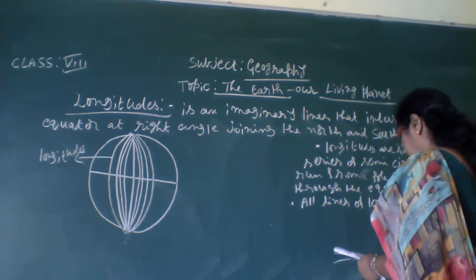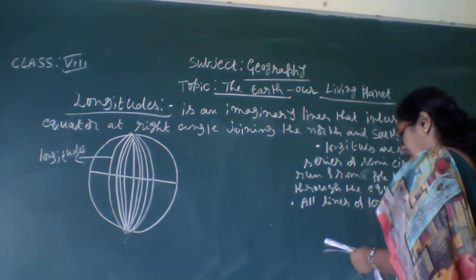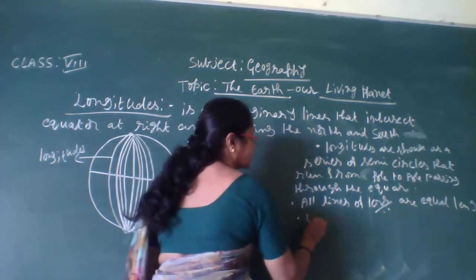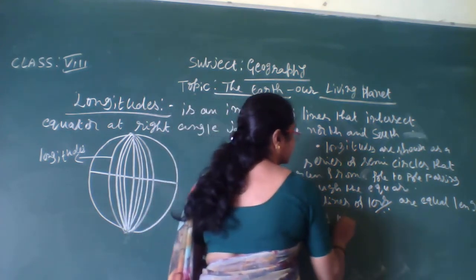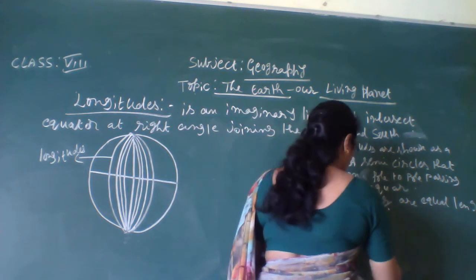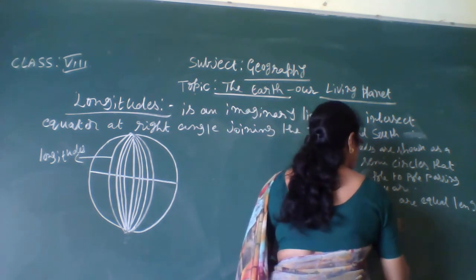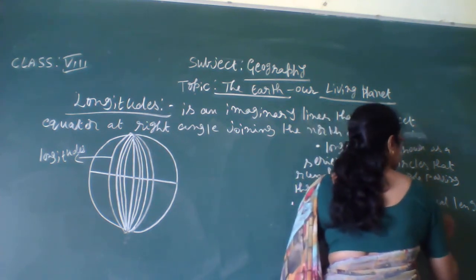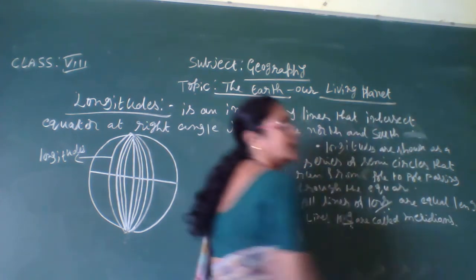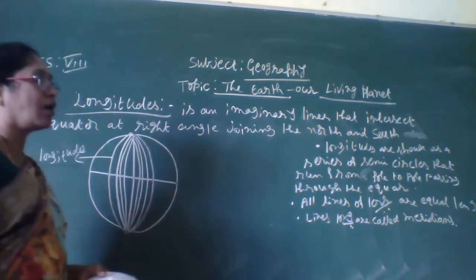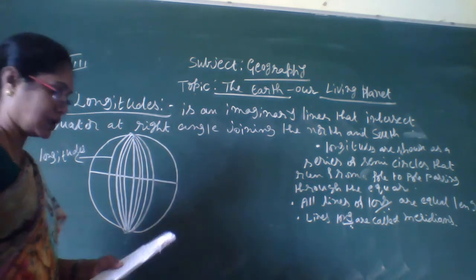Then lines of longitude are called meridians. What was the other name of the longitudes? The lines of longitude are called the meridians.